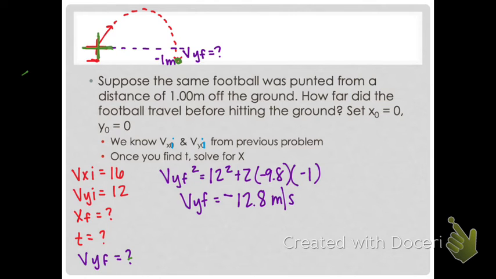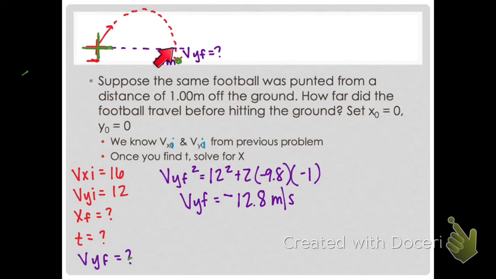Okay, now I want to talk through a conceptual thing here. Newton says that for every action, there's an equal and opposite reaction. So if my object leaves my foot traveling 12 meters per second in the vertical direction, and it were to land on the ground at the same height, my VYF would be -12.